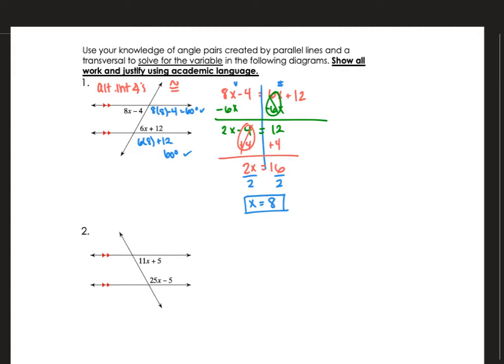So to justify using academic language, we're going to name the angle pair. So here's my justification. These are alternate interior angles, so they are congruent.